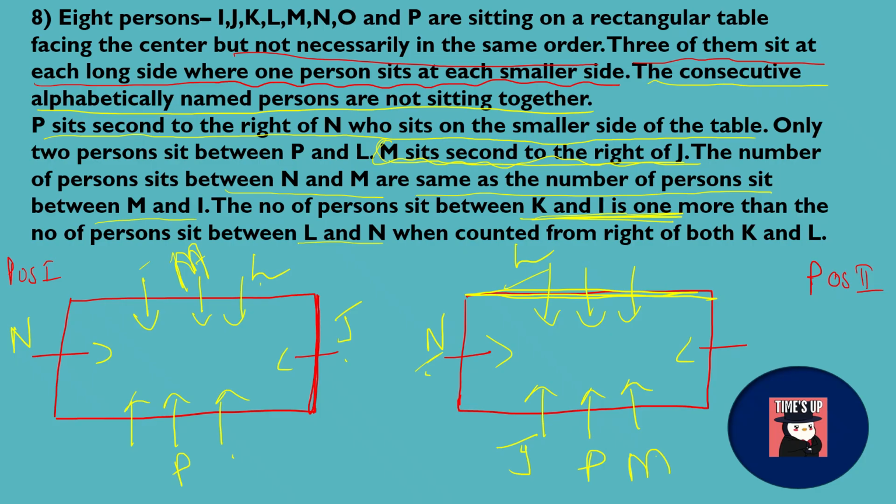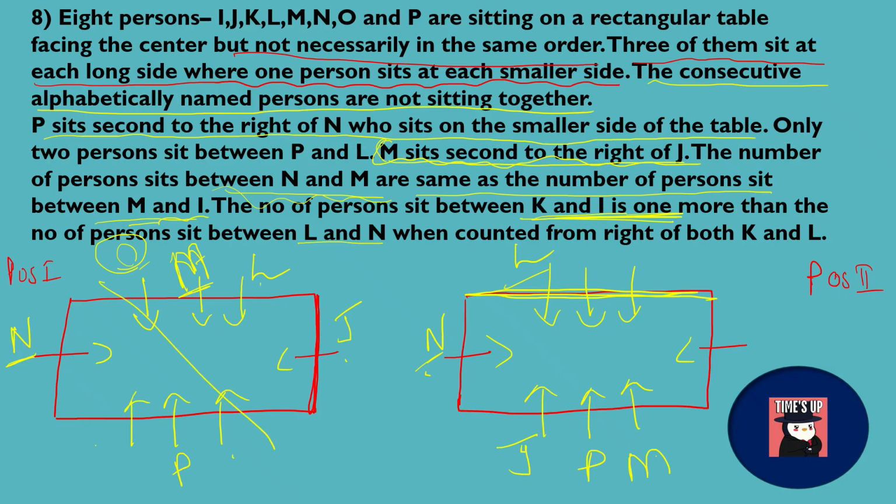Now see the number of persons between N and M. How many persons are there between N and M? There is one person. The same number of persons should be between M and I, they have said. But here, between M and N we already have one person, and to place I, we don't have any place.